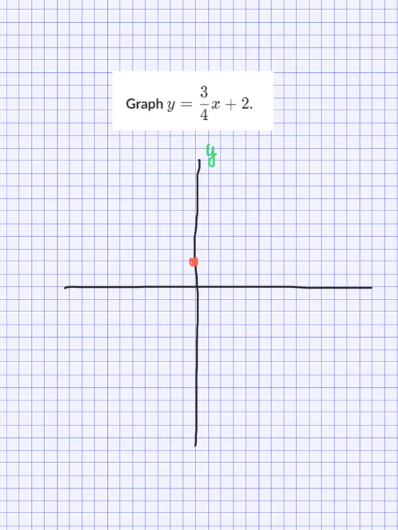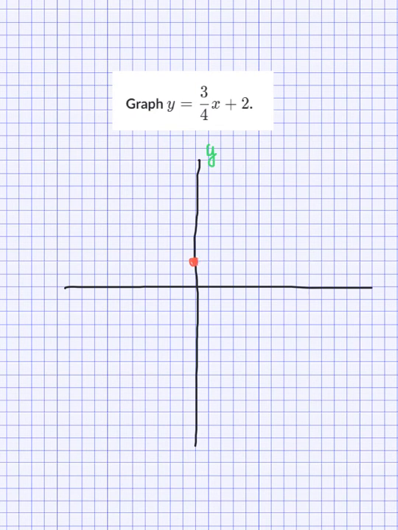So that's the first step. The second step is I'm going to use the slope. The slope is 3/4. And I'm going to use the slope starting from the y-intercept, which is right here.